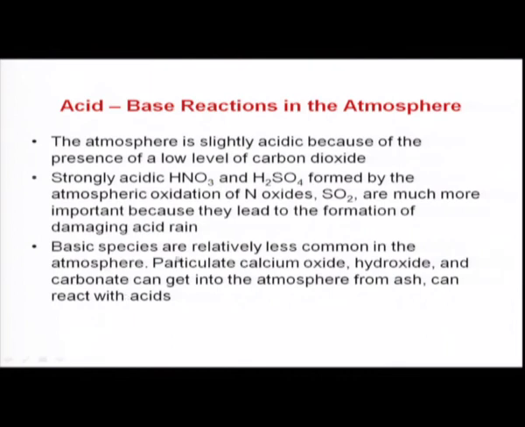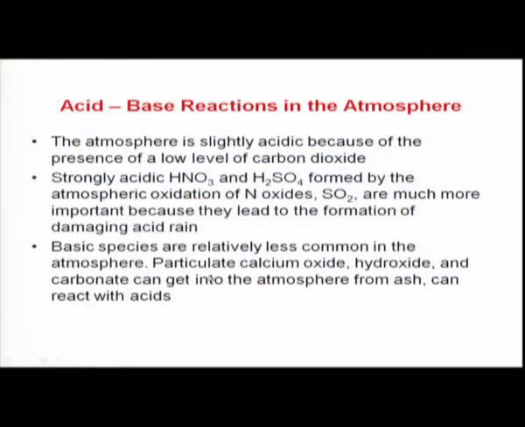And basic species are relatively less common compared to the acid substances in the atmosphere, but there are possibilities. Certain industries, if they liberate ammonia, and naturally also that is possible, that may give you some weak base, and especially particulate matter that comes from the burning of coal and other things releases calcium oxide and hydroxide and carbonate also from these alkali and alkaline earth metals.